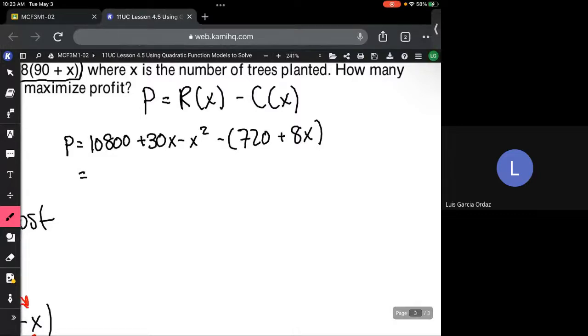They change. So 10,800 plus 30x minus x squared minus 720 minus 8x. Wait, why is the 720 in the bracket? Because I'm subtracting. When I simplified, I got positive 720.